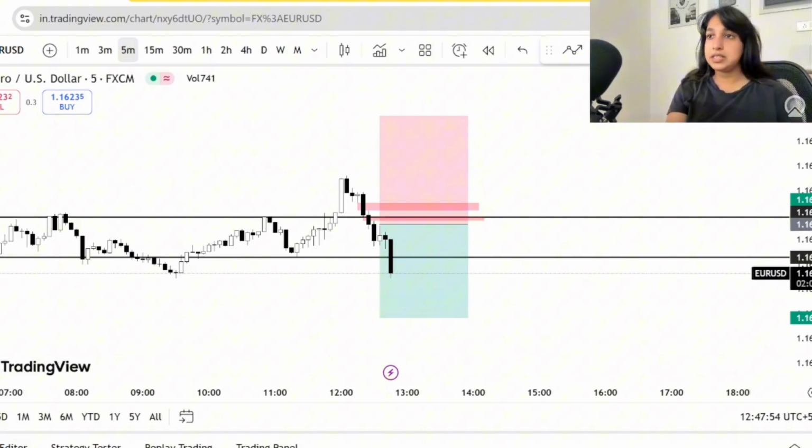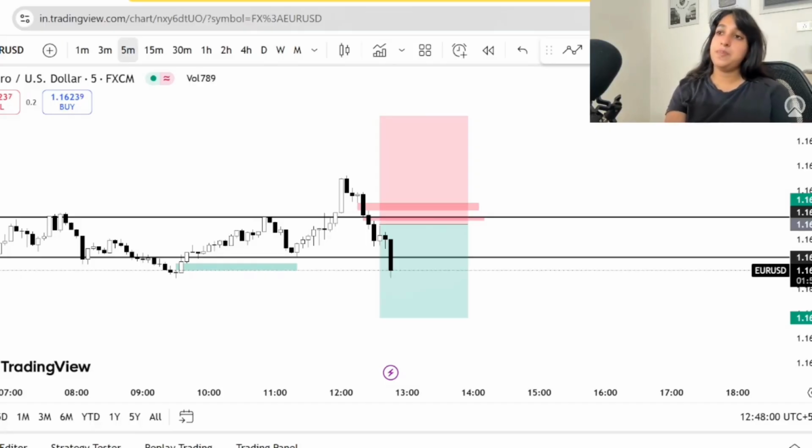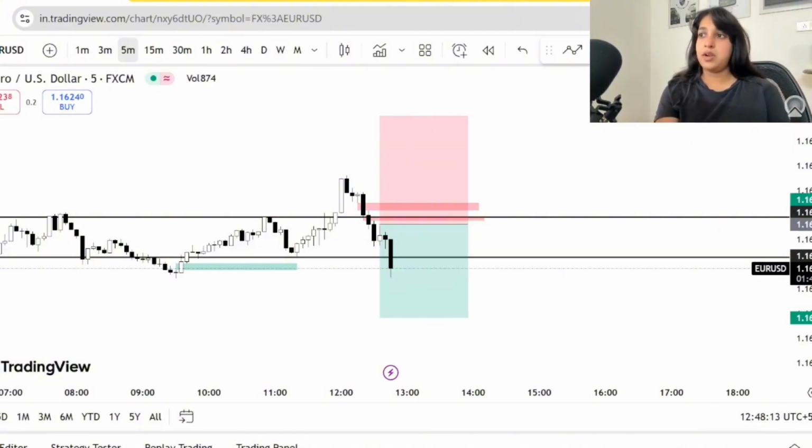So it didn't tap the entry right now. Maybe in another fair value gap we can tap the entry. Let's see if it comes up or not, and we're going to run this. And if it forms a new fair value gap or something like that, we're going to enter on the basis of that, and let it run till maximum 1:30 IST.